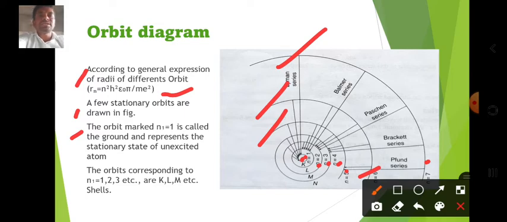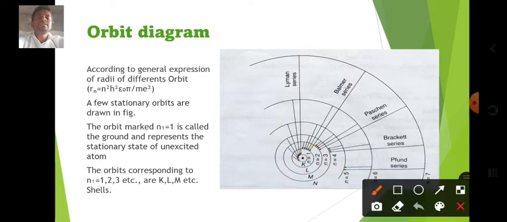It is also a stationary state but unexcited. So whatever electron is present in the ground state, n equals 1, if it absorbs energy it cannot stay there. Where does it go? It may jump from 1 to 2, or 1 to 3, or 1 to 4, 1 to 5, 1 to 6, like this, right?